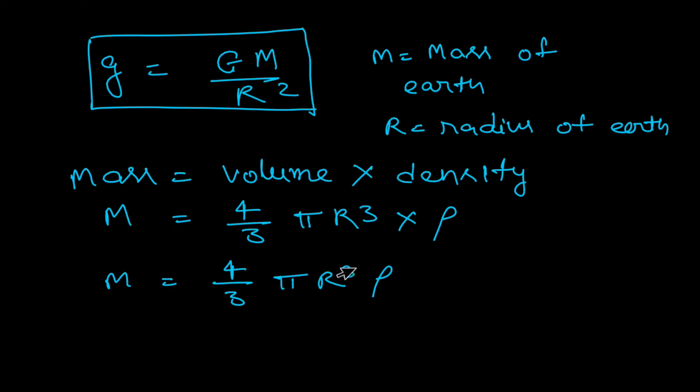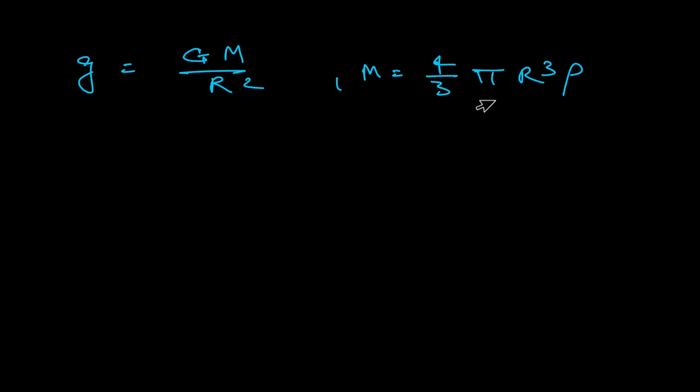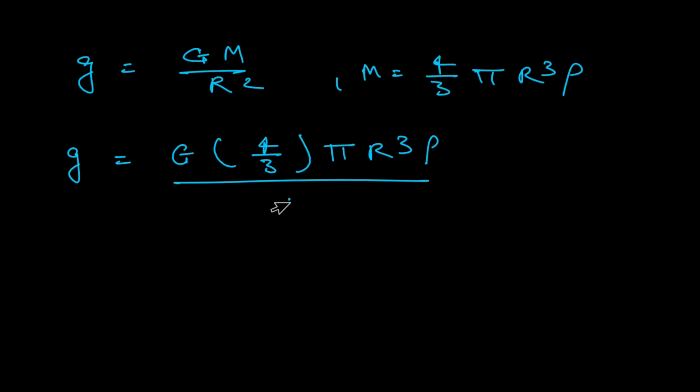If we substitute this in the acceleration due to gravity, g is equal to GM by r square, with M equal to 4 by 3 pi r cube rho. So g is equal to G into 4 by 3 pi r cube rho upon r square.